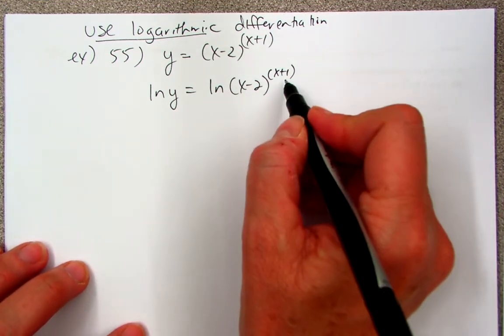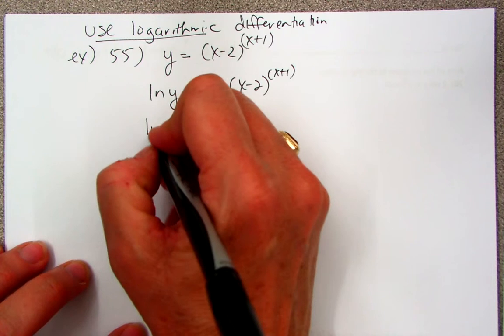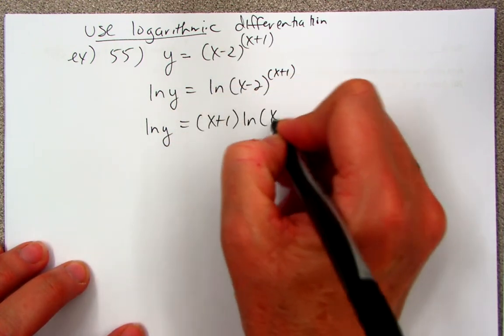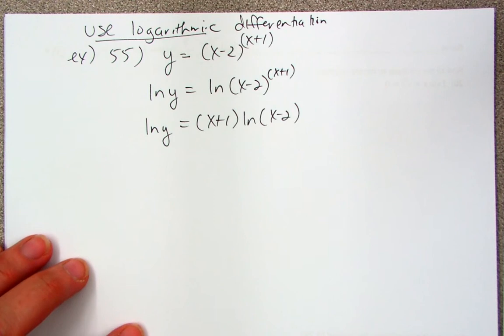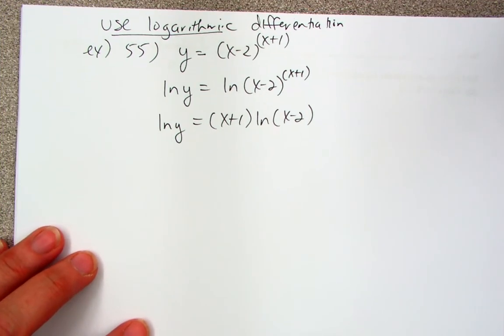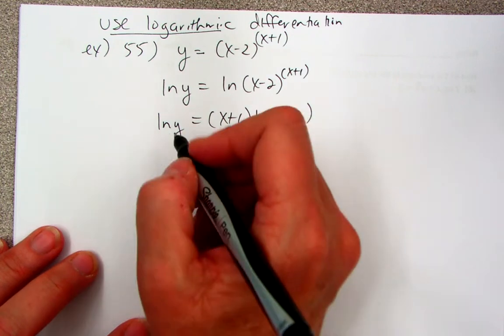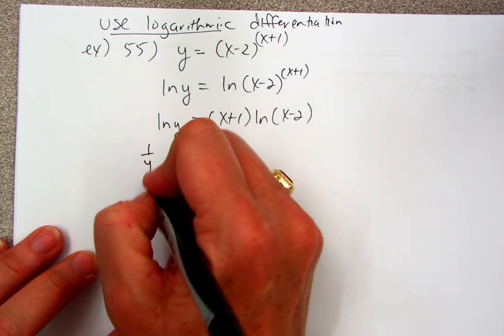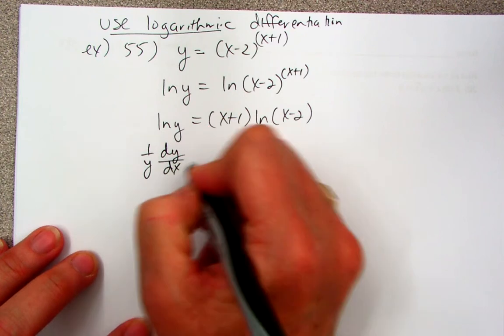So I'm going to bring that down using the power rule, as such. Now I'm going to take the derivative of both sides, and obviously this is going to be implicit differentiation. So the derivative of natural log of y is 1 over y dy dx.